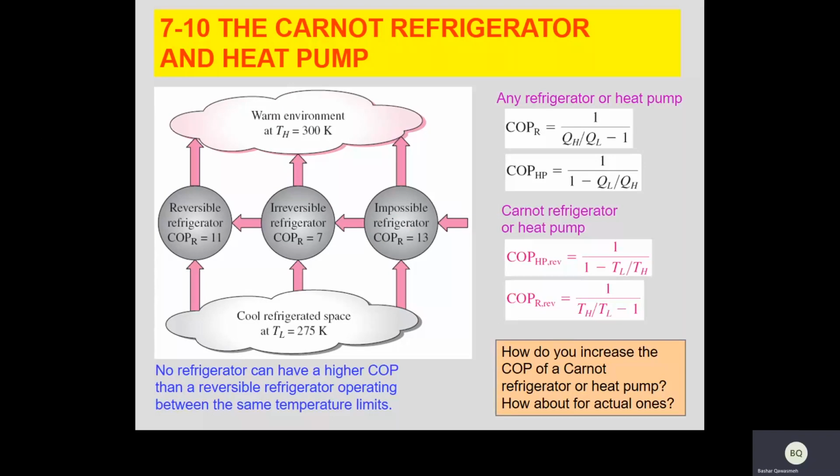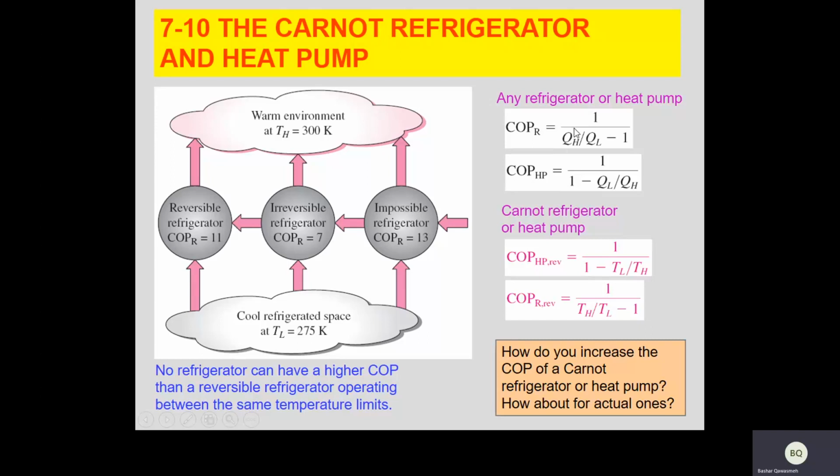Okay. Now the Carnot refrigerator and heat pump. Similarly, the reversible refrigerator will have the best performance compared with the irreversible ones, knowing that they act between the same two reservoirs.